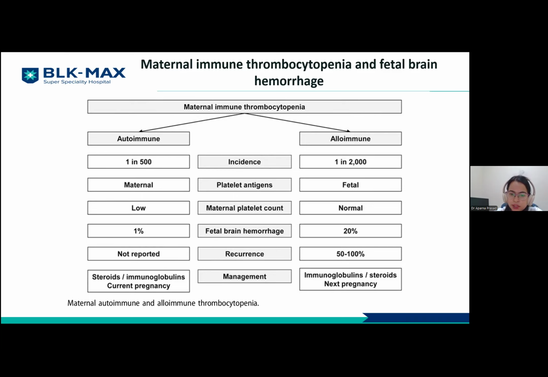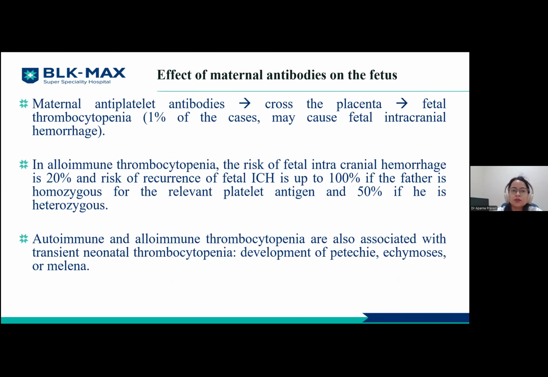The management is more or less the same: immunoglobulins and steroids. Basically, these maternal anti-platelet antibodies cross the placenta and cause fetal thrombocytopenia. In 1% of cases, it can cause fetal intracranial hemorrhage. In alloimmune, the risk of fetal intracranial hemorrhage is 20%, and the recurrence is 100% if the father is homozygous for this platelet antigen, and 50% if heterozygous.